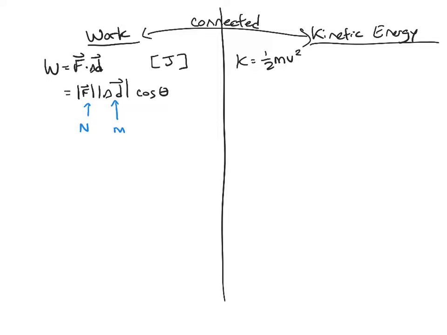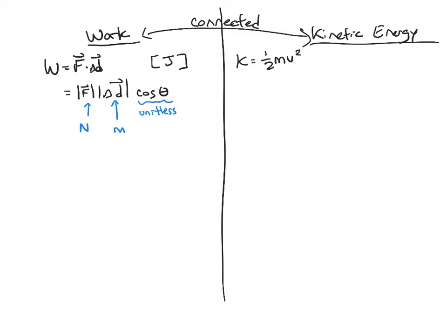And the units of cosine of theta, well, it's actually unitless. Theta is in degrees, but the cosine of theta does not have any units at all. So the units of work can be stated as Newton meters. You can call them Newton meters.